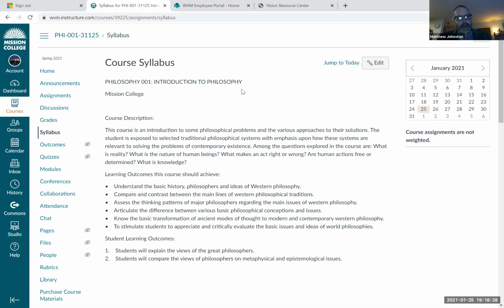All right, compare and contrast between the main lines of Western philosophical traditions. Yes, we are focusing really on the Western philosophies. It's just too much to try to deal with Eastern philosophy and Western philosophy at the same time. Eastern philosophy is very much Eastern religion, just to let you know. I mean, it's Buddhism, it's Hinduism.